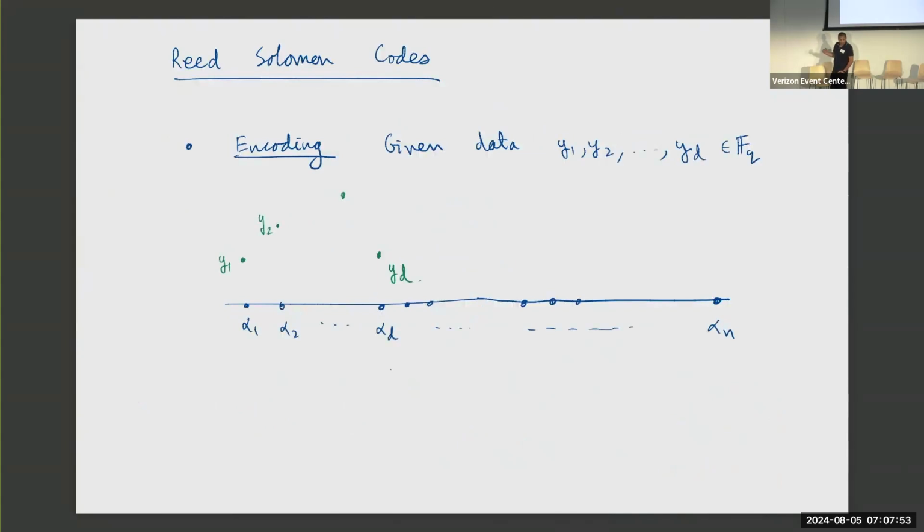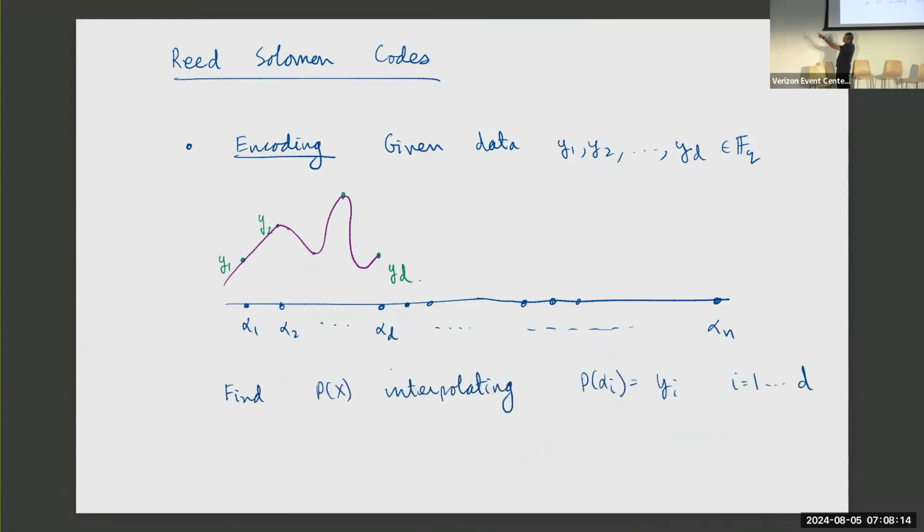And the encoding for Reed-Solomon codes works as follows. If you have data y_1 up to y_d, and remember d is like 0.1 n, we're going to now make it into a code word of length n. So you take your data y_1 up to y_d, and you write it there in our graph, right? So we draw those points right above alpha_1 up to alpha_d.